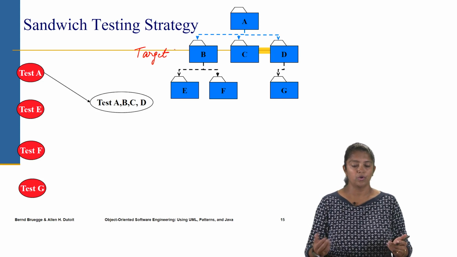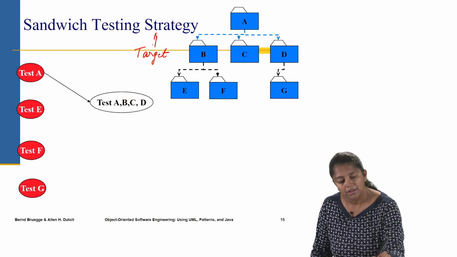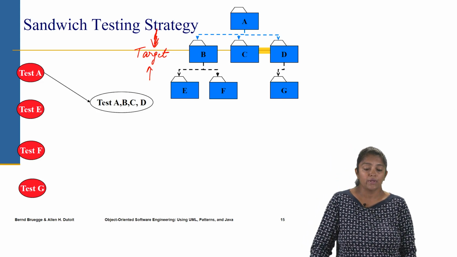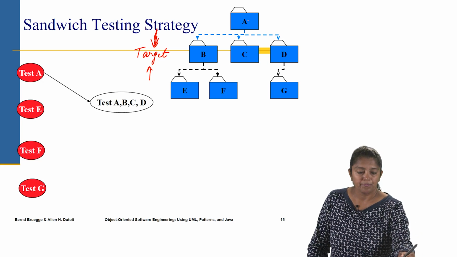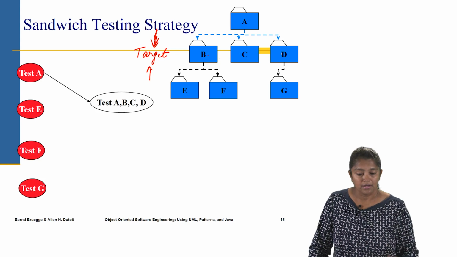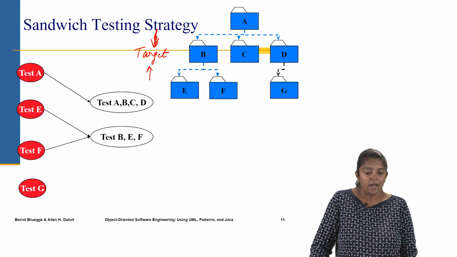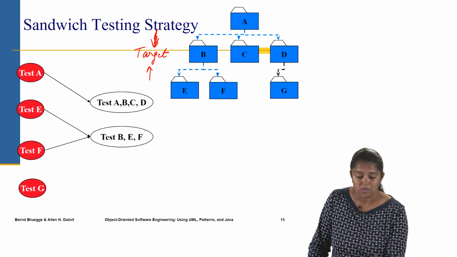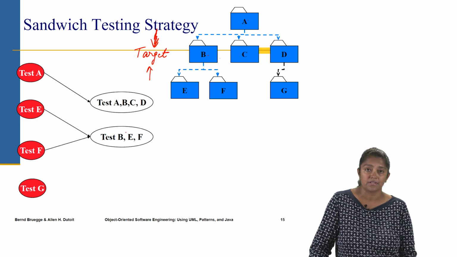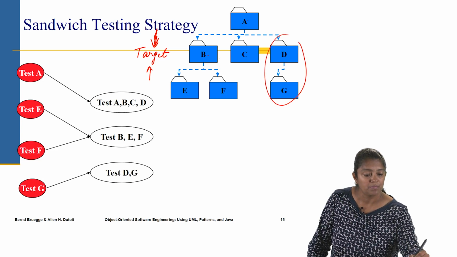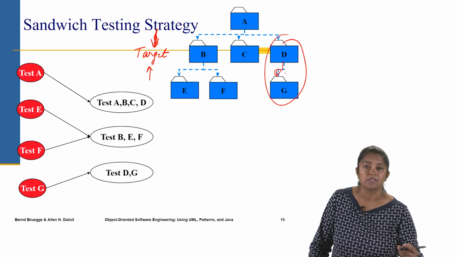So we want to make sure the upper layer converges with the target, and then the bottom layer also converges with the target. What that means is A is put together with B, C, and D, and that subsystem is tested, and then E and F converge with B, so the subsystem BEF is tested, and then G, the subsystem D and G is tested.